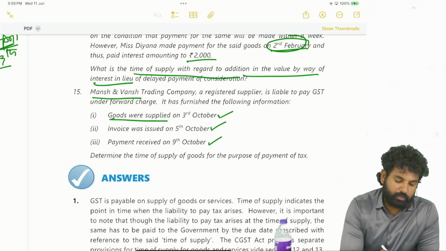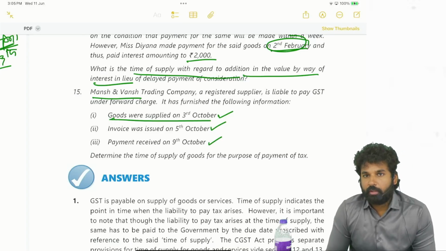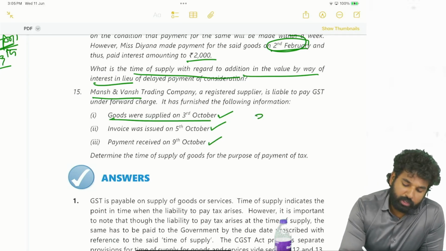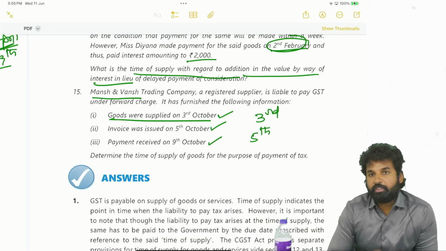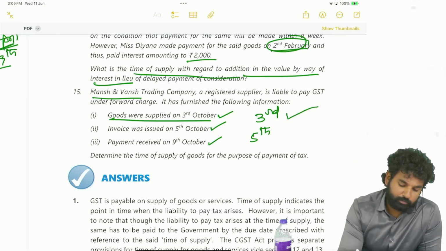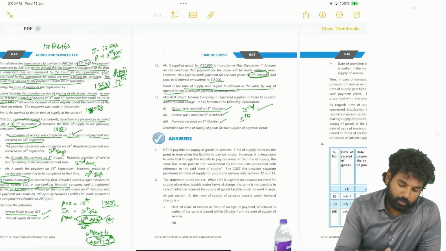When the goods have been given on 3rd October, the invoice shall be by 3rd October, but the invoice was issued on 5th October. Okay, so the due date of invoice is 3rd, the date of invoice is 5th, the payment date is not relevant, whichever is earlier. Okay, right, just check the answers.